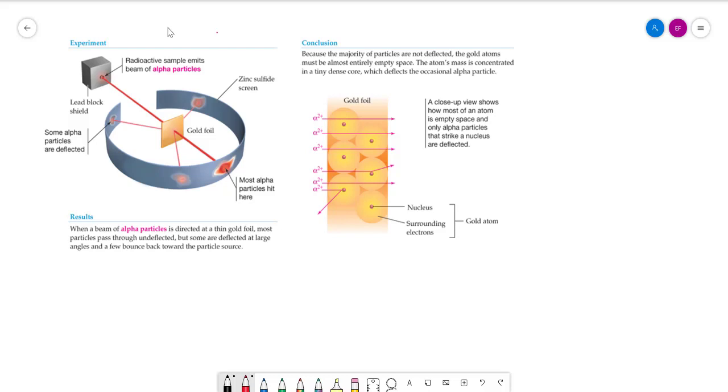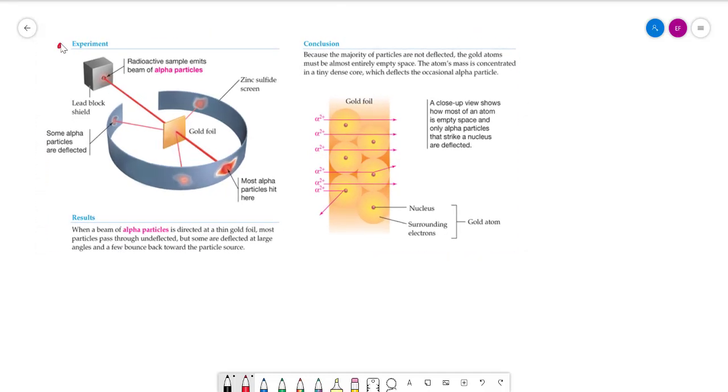And so this guy, Ernest Rutherford, came along about 15 years later, and he designed an experiment to evaluate, well, what else is inside of these atoms or these elements. And he set up an experiment that looks like this that I have highlighted here.